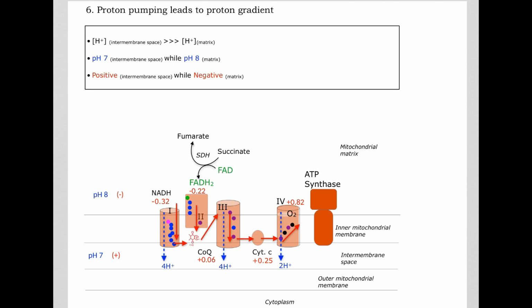So basically this means that the electron transport from NADH as well as FADH2 to oxygen has caused the pumping of protons across the inner membrane, and that pumping of protons leads to the formation of a proton gradient where the concentration of protons is very high in the space and much lower in the matrix.